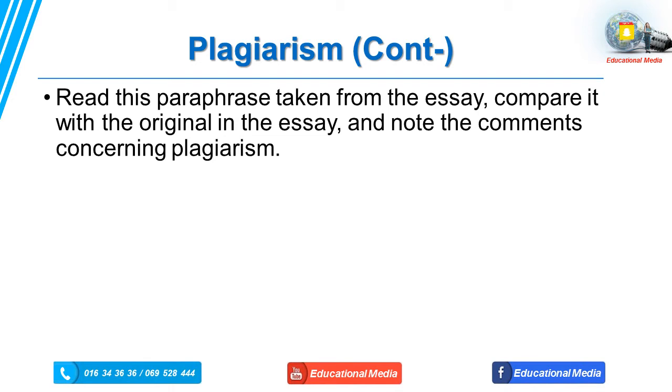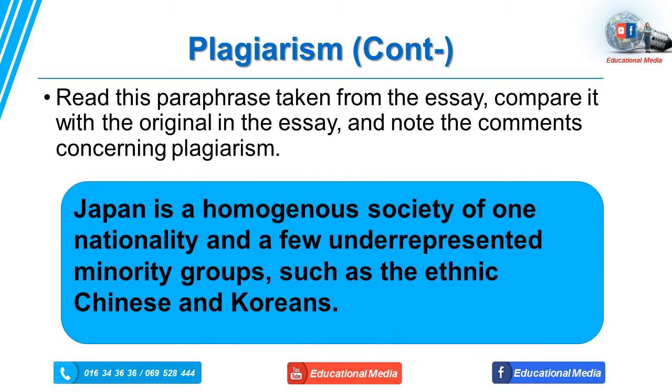Compare it with the original in the essay and note the comment concerning plagiarism. Here is the paraphrase: Japan is a homogeneous society of one nationality and a few underrepresented minority groups such as the ethnic Chinese and Korean. Can you tell me if it is plagiarism or not?